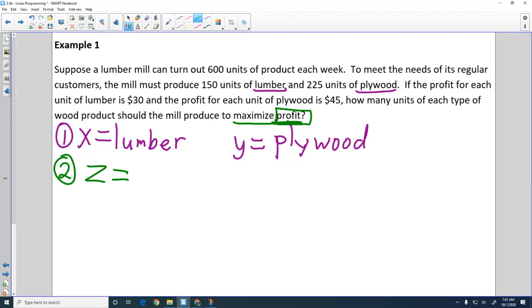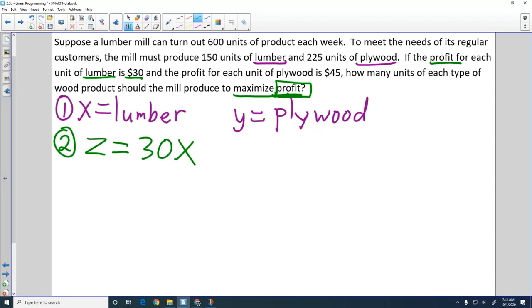It says the profit for lumber is $30, right? So for every unit of lumber that we sell, we make $30. So I'm going to write that as 30x, because x is the number of units of lumber. So if I sold 3 units of lumber, my profit would be 30 times 3. It'd be $90. You just multiply them together, right? $30 for every x, $30 for every unit of lumber.